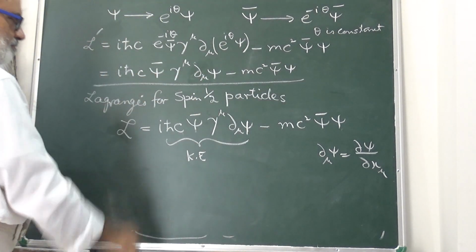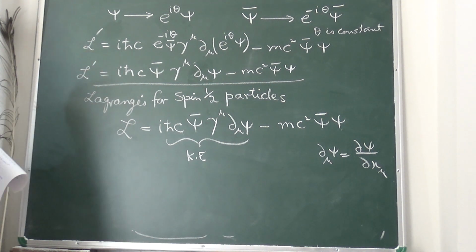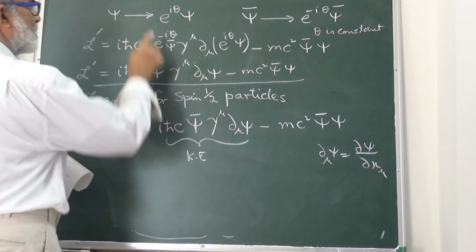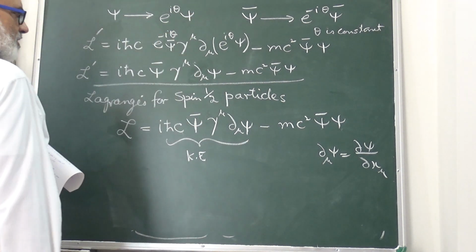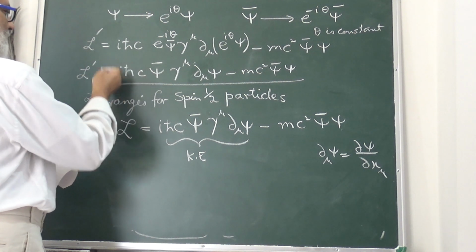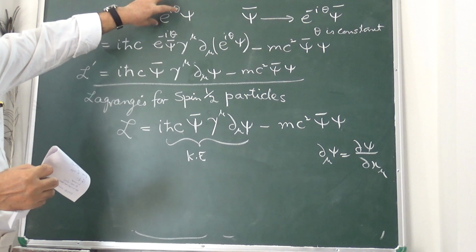This is again the same thing. Which means if you change the field value by a constant phase factor, there will be no change. The Lagrangian remains invariant under the transformation by a constant phase factor.